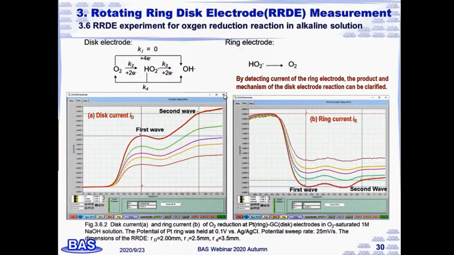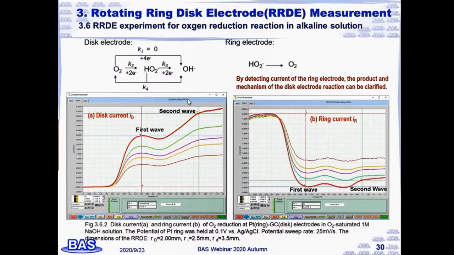Generally, in a carbon-based electrode, the reaction that occurs at the disk electrode in an alkaline solution is shown by the above formulas. First, a 2-electron reaction of oxygen occurs, and when the potential is further swept in the negative direction, a 4-electron reaction occurs, the current increases and the second wave is seen.